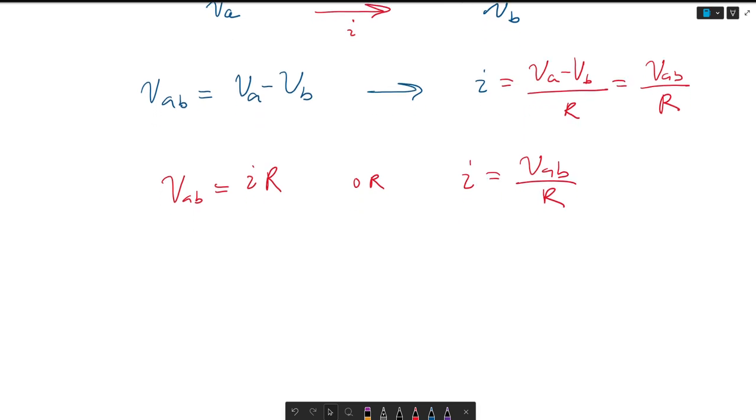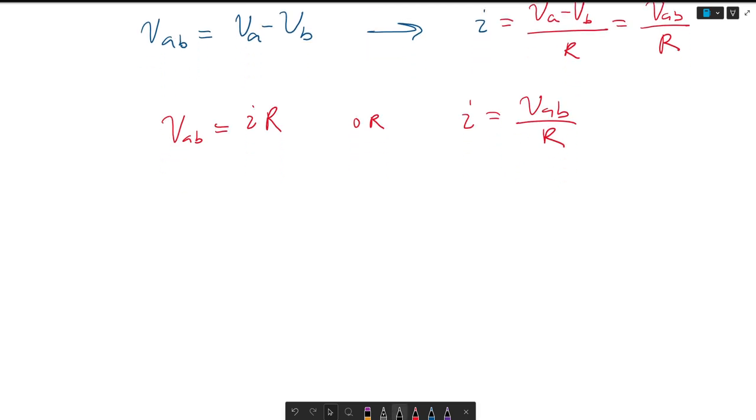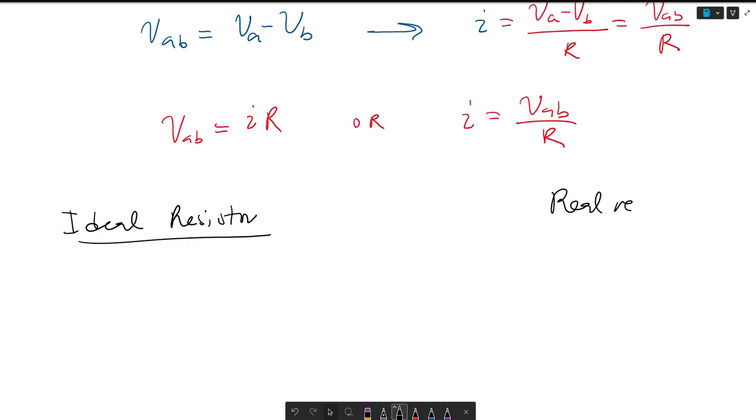And we want to define the current and voltages through an ideal resistor and through a real resistor.